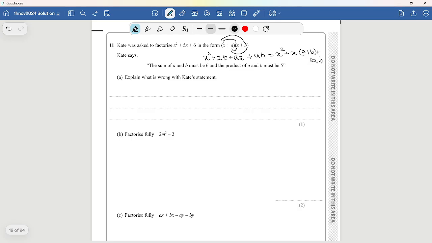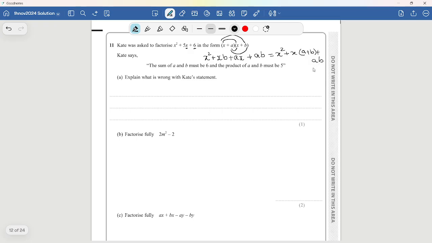So here we see that the numbers a and b are getting added, and they act as a coefficient to the middle term x. So the middle term x has the coefficient which you get by adding these two numbers a and b, and the final constant term you get by multiplying a and b, that is the product of a and b.